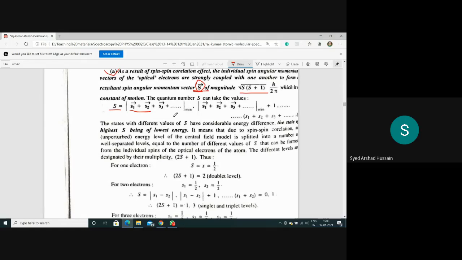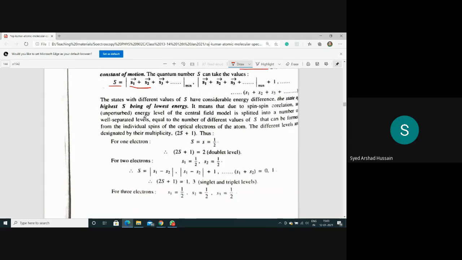If you have three, then S1 plus S2 plus S3, then S1 plus S2 plus S3 minus 1, S1 plus S2 plus S3 minus 2, up to the minimum. So we will see with some examples, then it will be clear.